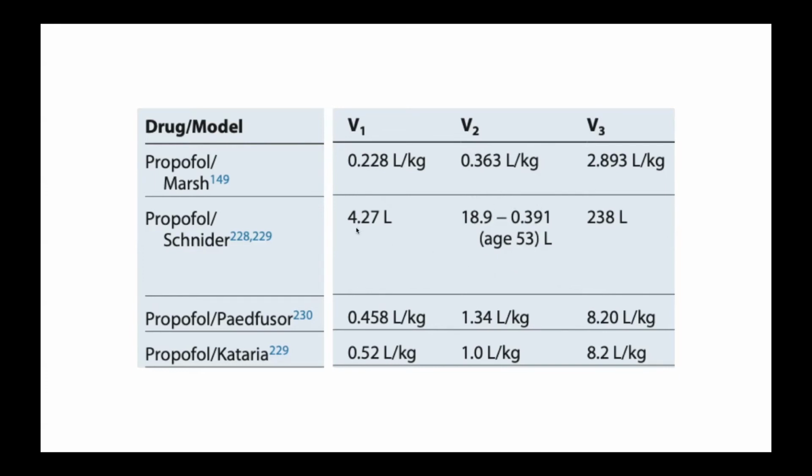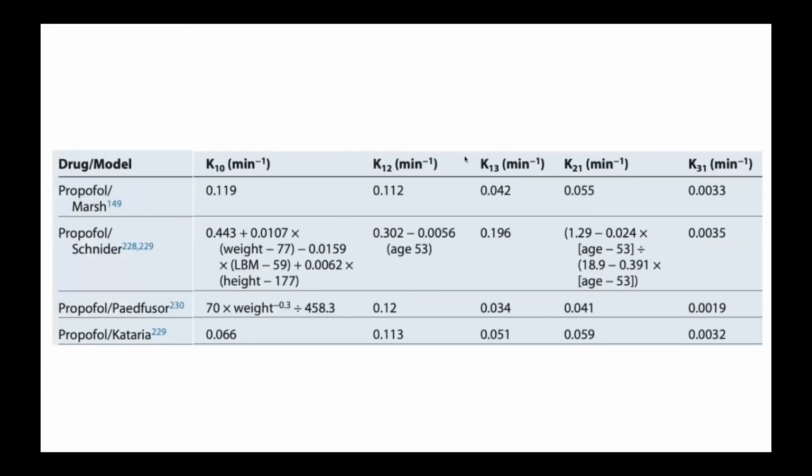The important number here to know is that the V1 in Schneider is fixed at 4.27, so that when you calculate a loading dose using plasma target concentration and using 4.27, you'll get a relatively small dose. These are the rate constants.